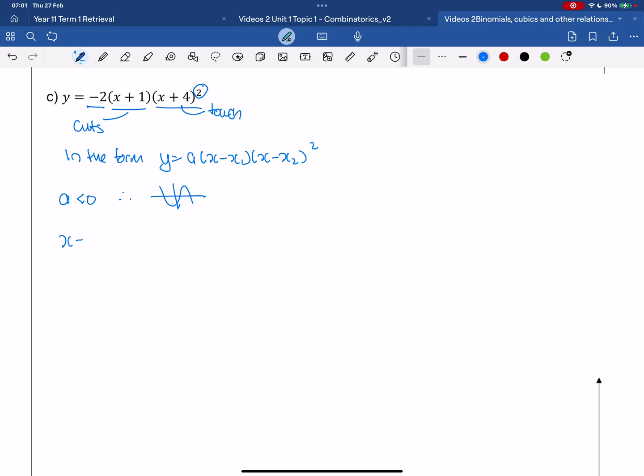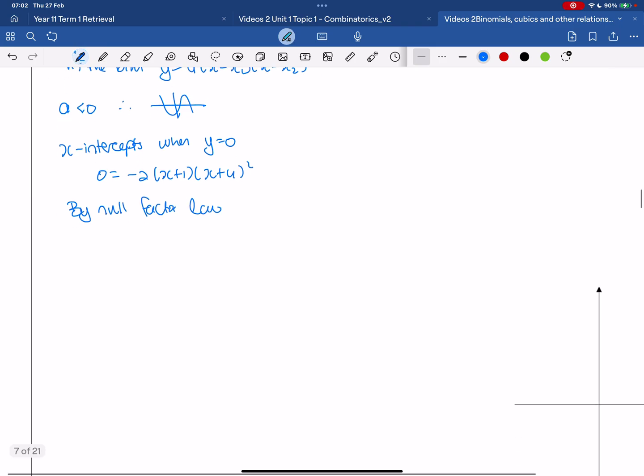My x-intercepts occur when y equals 0, so we have 0 is negative 2 x plus 1 x plus 4 squared, and we have a null factor law, and we have that x equals negative 1 or x equals negative 4.